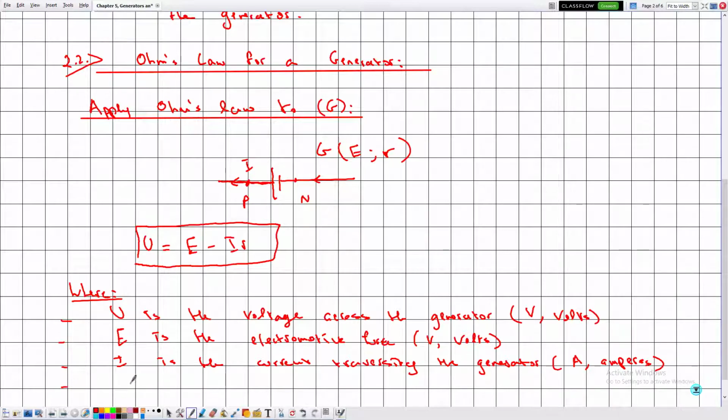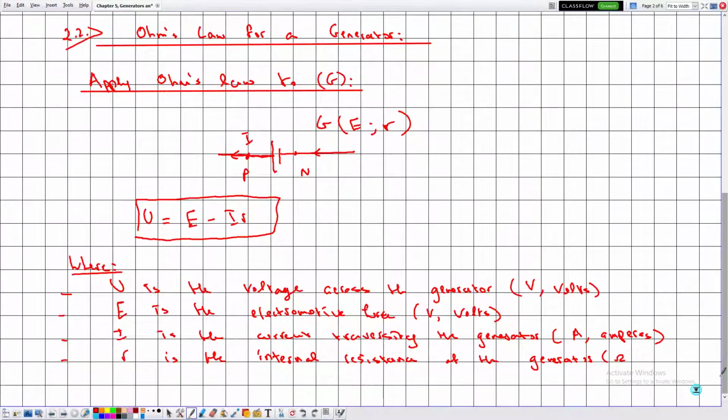And finally R is the internal resistance of the generator, and it's given by omega for ohms.